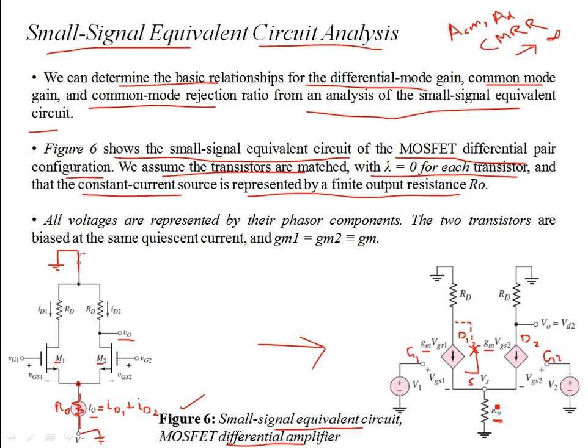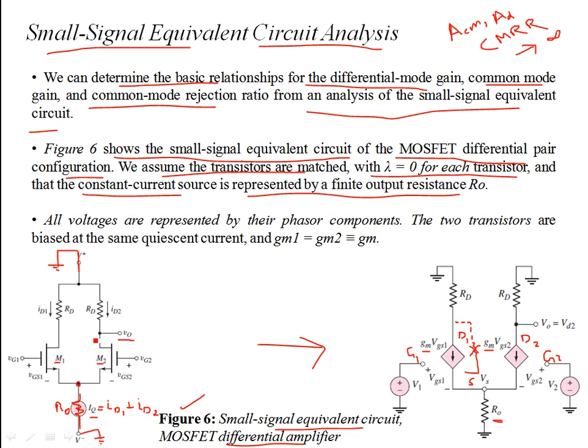The resistance appearing at the source terminal should be large to have a large common mode rejection ratio. If you don't want a finite resistance R0, you can replace it with a more sophisticated circuit consisting of MOSFETs. That active loading might increase the resistance R0, and you can have a very high common mode rejection ratio. We are going to discuss that in a while.